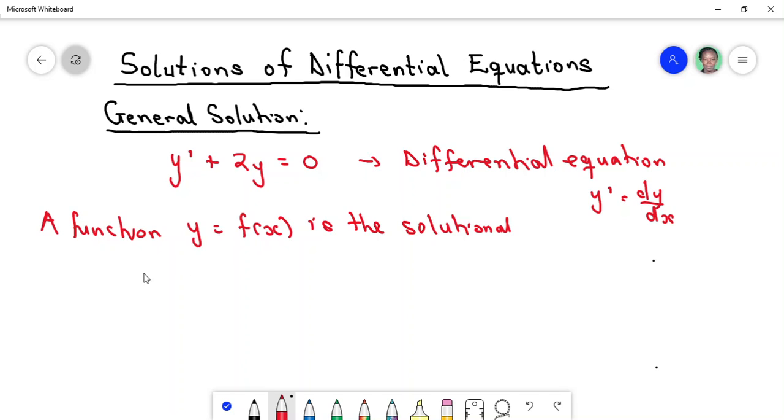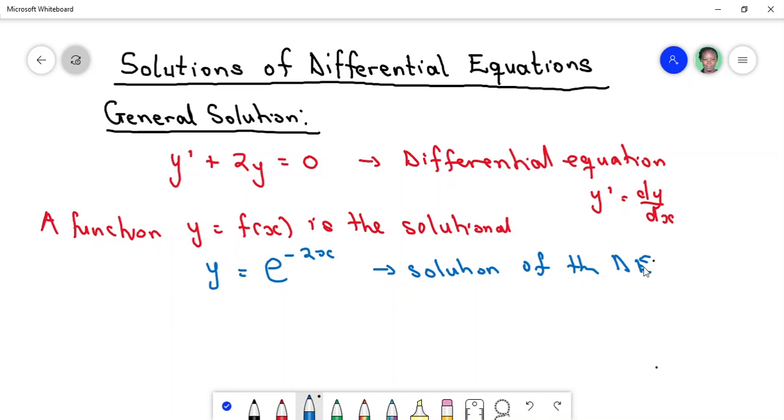So for example, let's look at this function f of x. We are saying y is equal to e raised to the power minus 2x. This is a solution of the differential equation, DE.